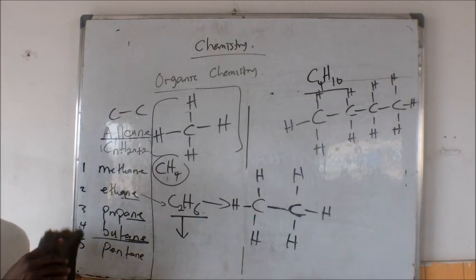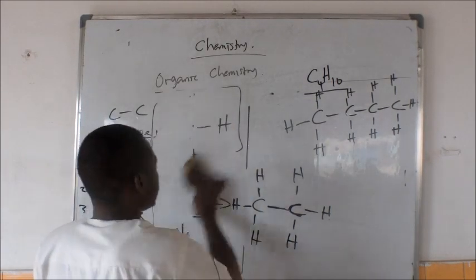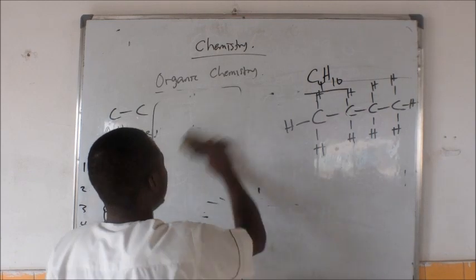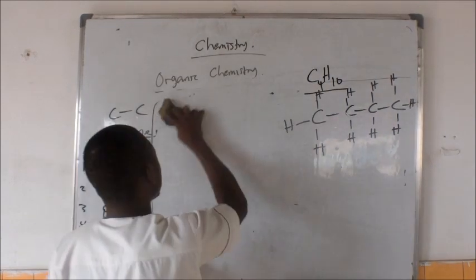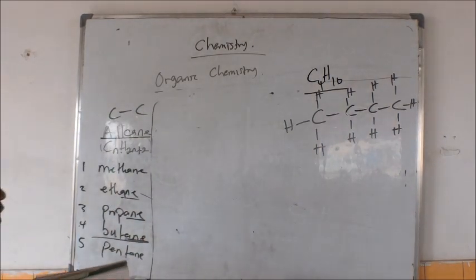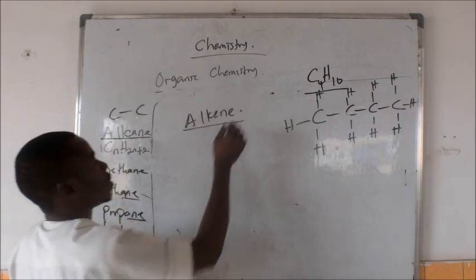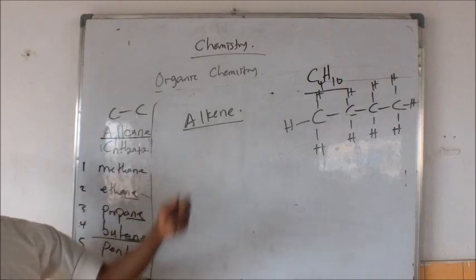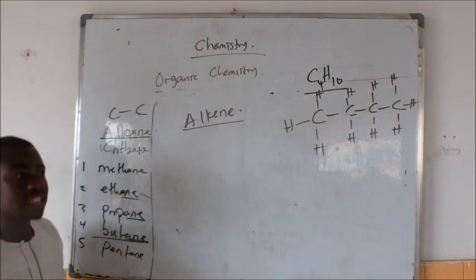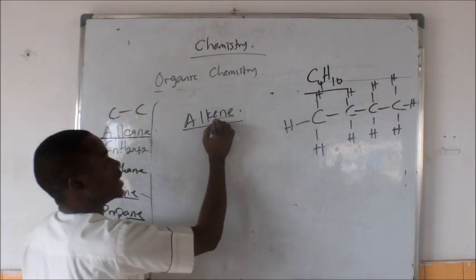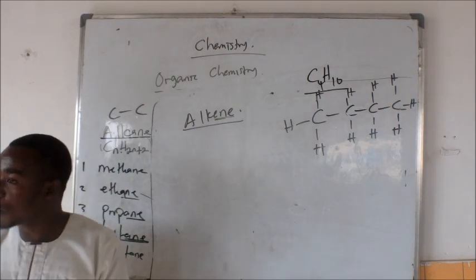Please be jotting. Now, what if it is the alkene family? What made this thing to be alkene? This ENE is because of double bonds.